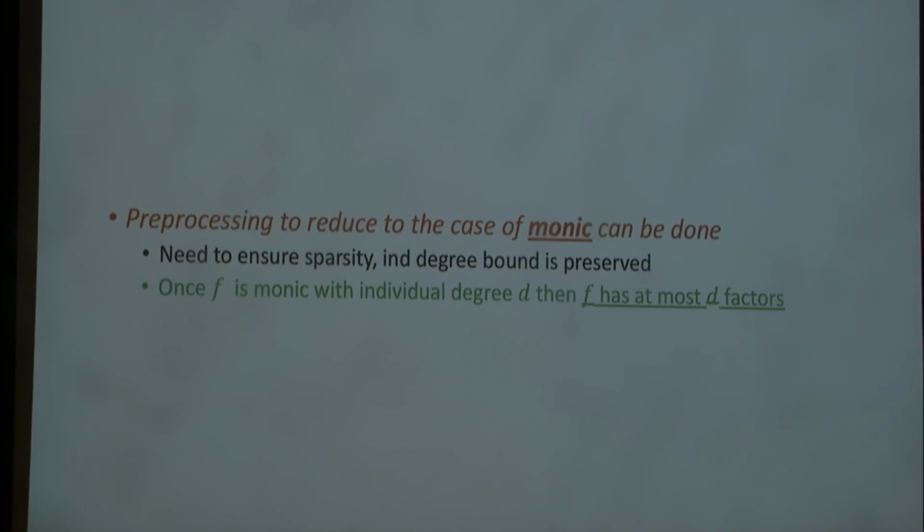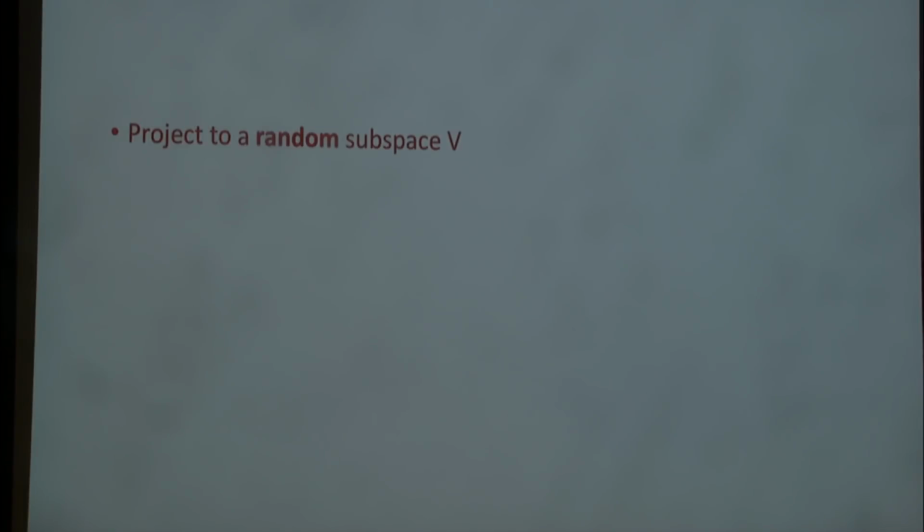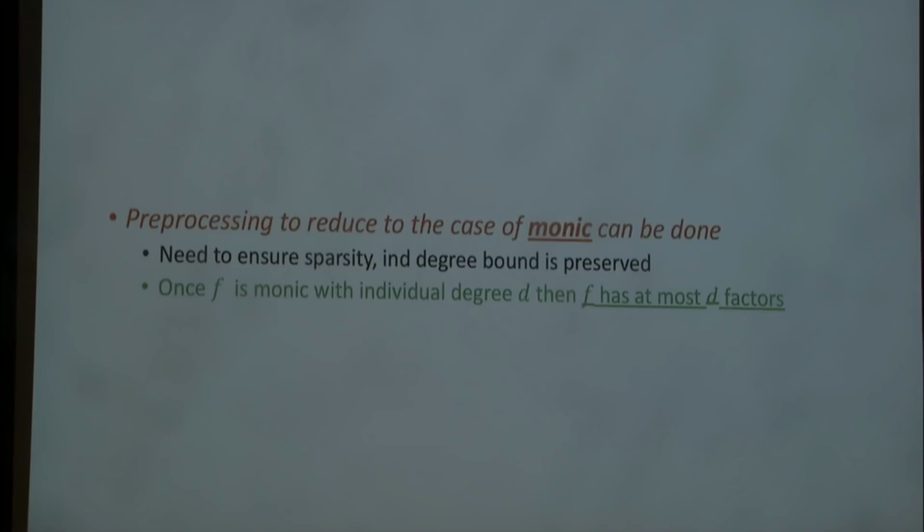Then we will show how to lift it to the general case. And in the monic case, one nice simplification is that the number of factors is small. This is going to be important for us. We won't be able to handle n factors. Think of d to be 5 or 10. So the number of factors is very small. That will be important. Good. So that was one step, where again I'm hiding details.